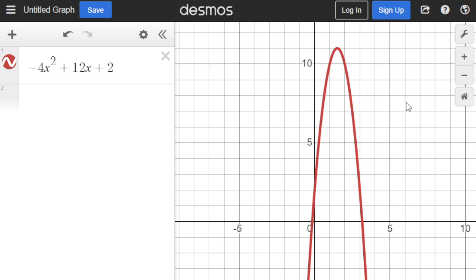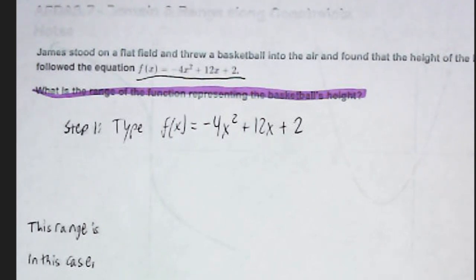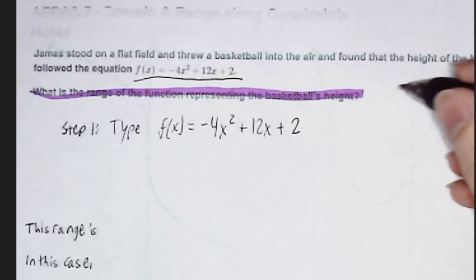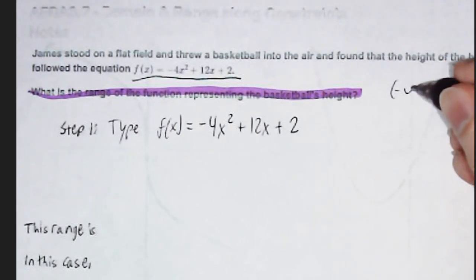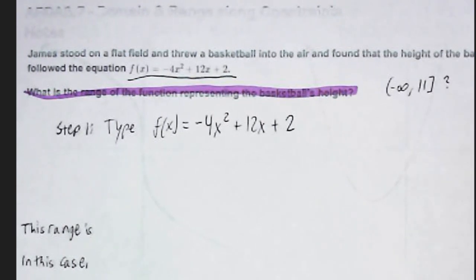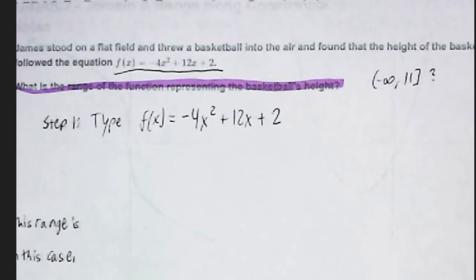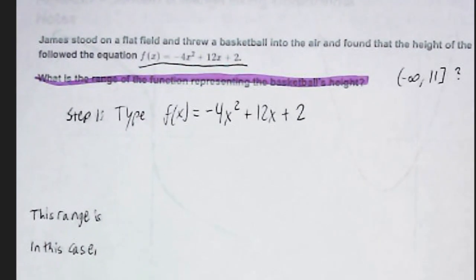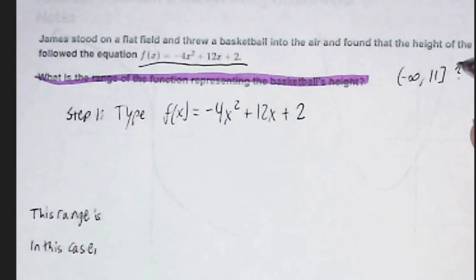So you might think right off the bat, the range of this is going to be negative infinity to 11. And I want you to write that off to the side here with a question mark. And make sure that you include the question mark.